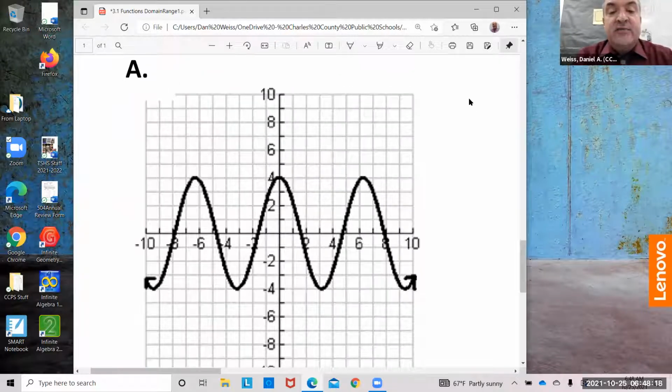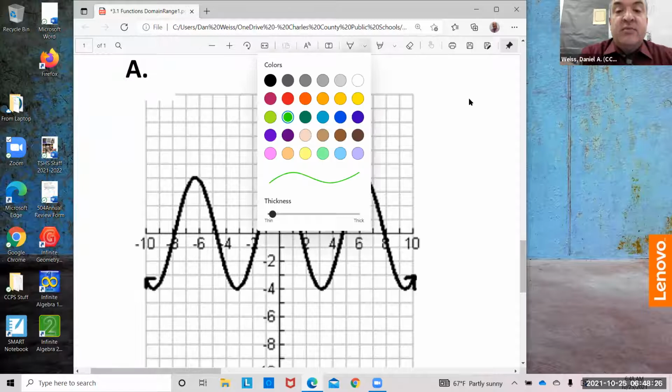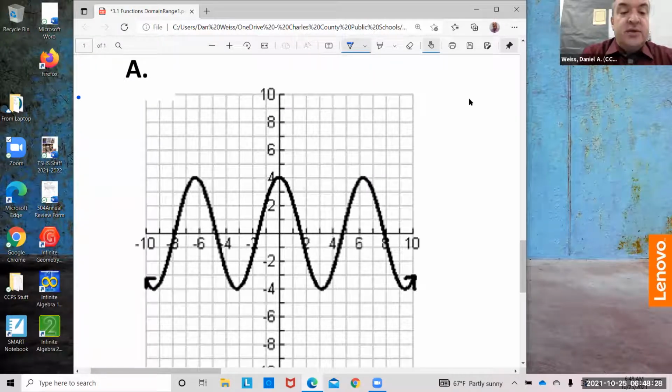Here, is this a function? Yes. Why is it a function? Because the x value does not repeat. For example, here's -8, -1, but there's no other -8 anywhere along here.